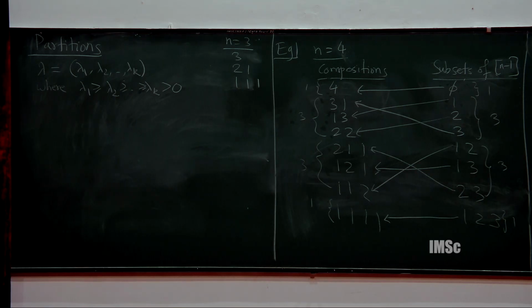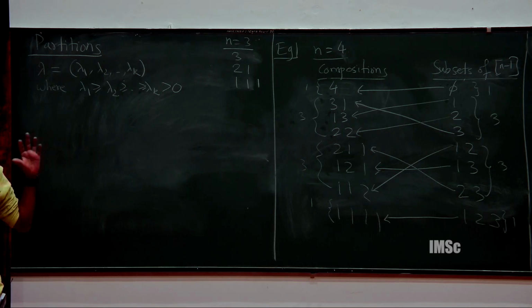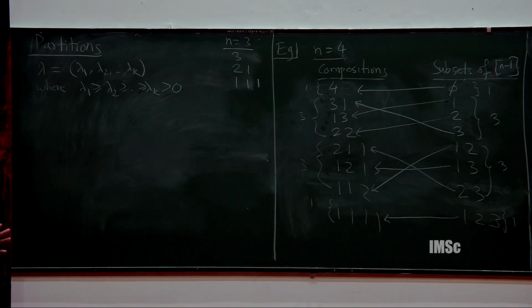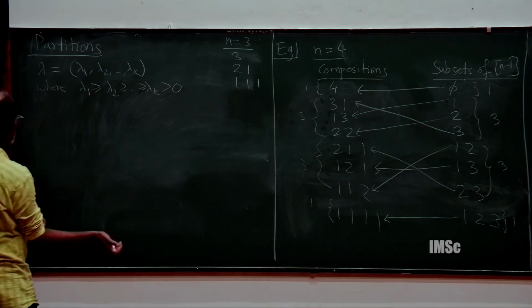Okay. So for later purposes, I want us to write down all the partitions of 6. There are not too many, we will just write them down systematically.